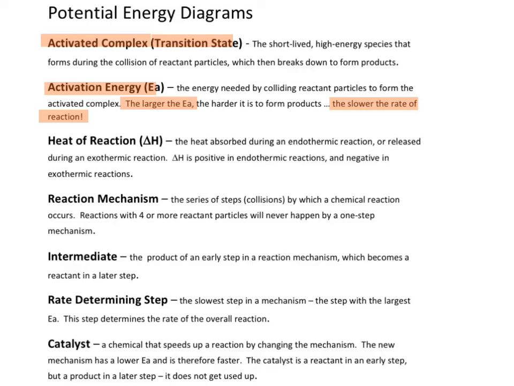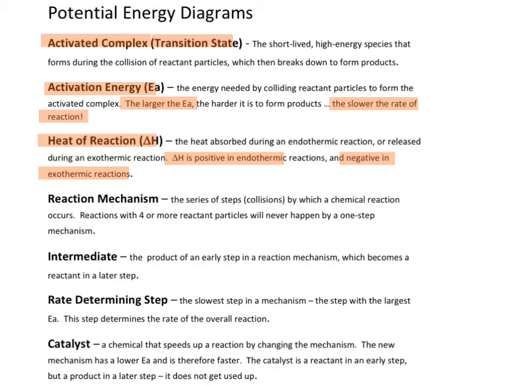The difference in energy between the original reactant particles and the final product particles is called the heat of reaction, symbolized by delta H. It's the heat that's absorbed if the reaction is endothermic, or the heat that's released if it's an exothermic process. If it's an endothermic process, delta H will be positive; delta H will be negative in an exothermic process.